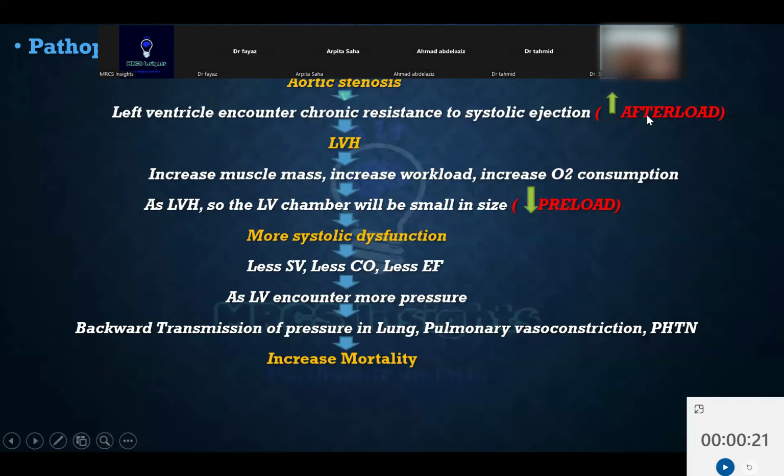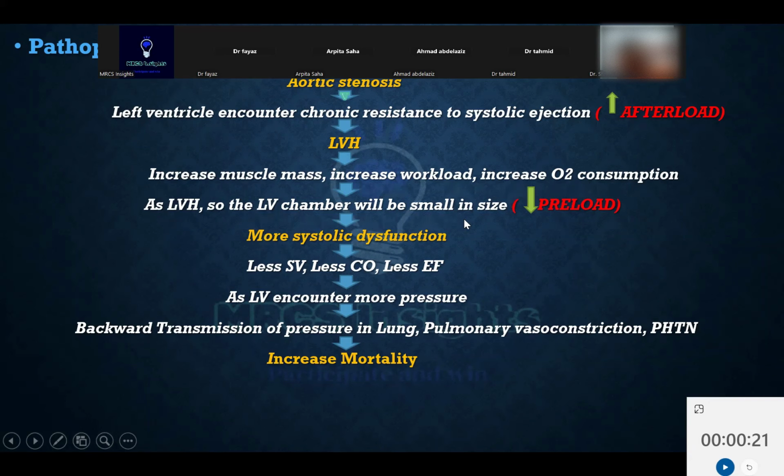Afterload means increased peripheral vascular resistance. So what will change in its wall? There will be left ventricular hypertrophy, thickening of the ventricular muscle. If there is increased muscle mass, there will be increased workload and increased oxygen consumption. As a result, the left ventricular chamber will be small in size.